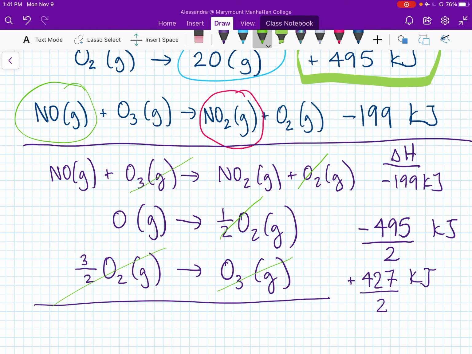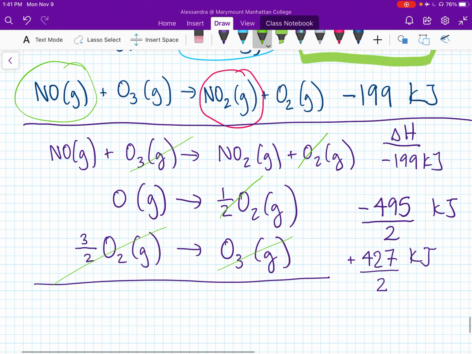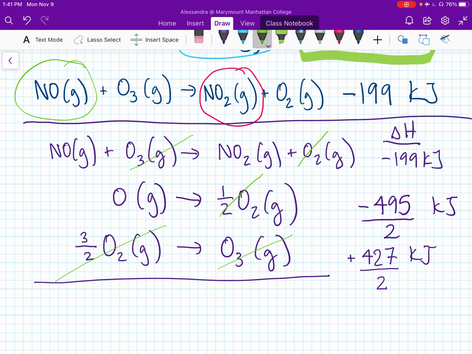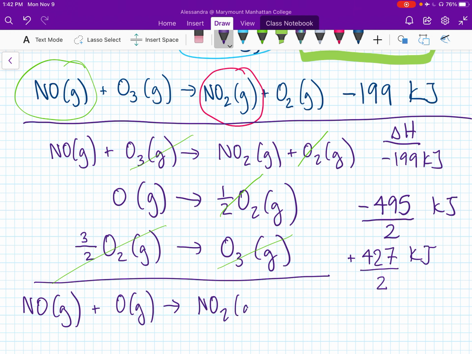So that will cancel out the 3/2 of oxygen I have on the left. So now my final reaction when I add everything up is that the nitrogen monoxide plus the singlet oxygen gives me nitrogen dioxide. And I think that is it.